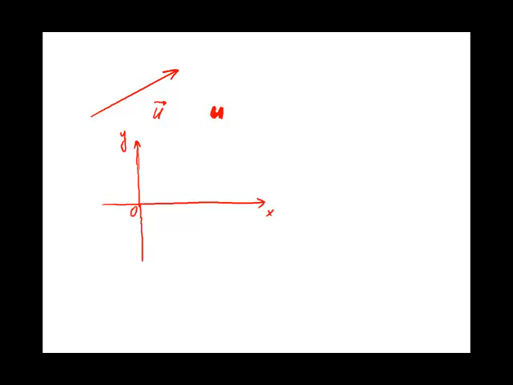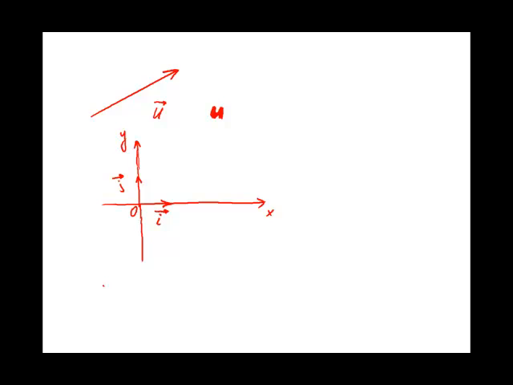And let's have a vector named i in the horizontal direction, i with arrow on top, with the length 1. And let's have the other vector j along the vertical direction with the length 1 as well.